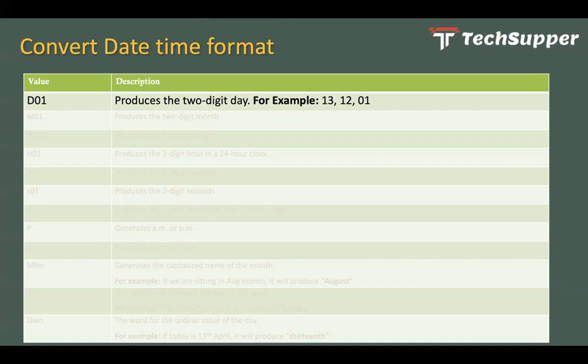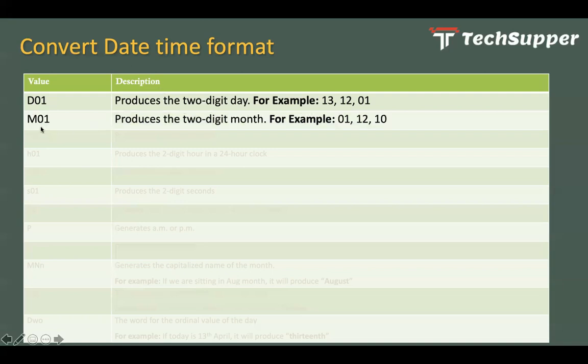So you need to use some standard keywords. Let's suppose D01, capital D01, will produce the 2-digit date, for example 13, 20, 01. If you use D01 to convert into a target format, it will give you the 2-digit date.